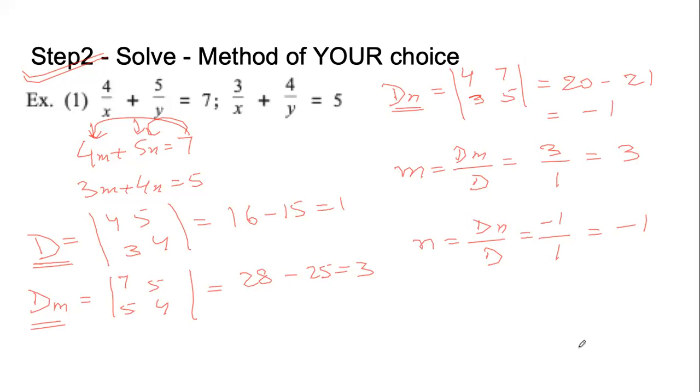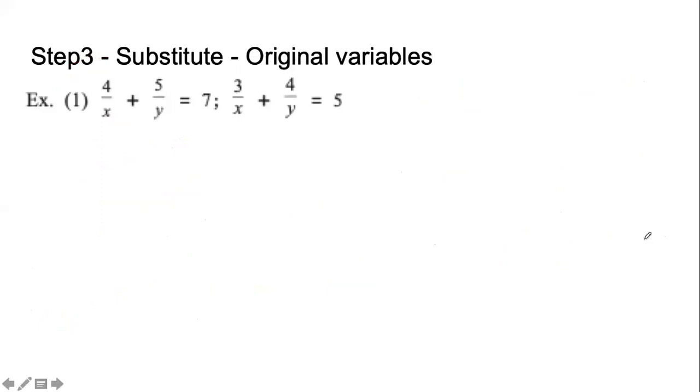Step number 3. Remember the values that we have got: m is 3 and n is minus 1. Step number 3 is to substitute again to get the original variables. We said m equals 1 by x, and we have found m equals 3.